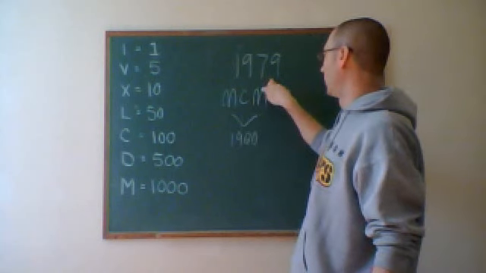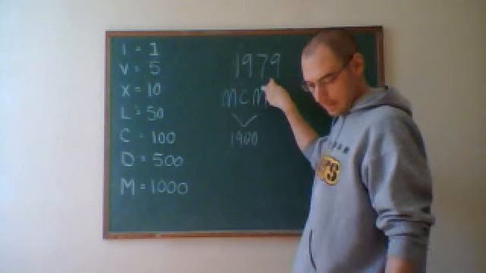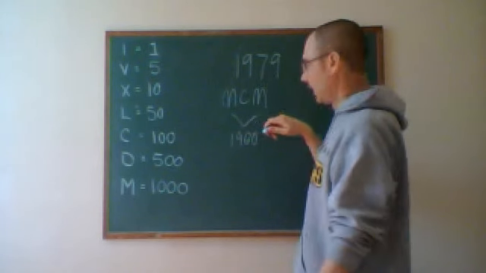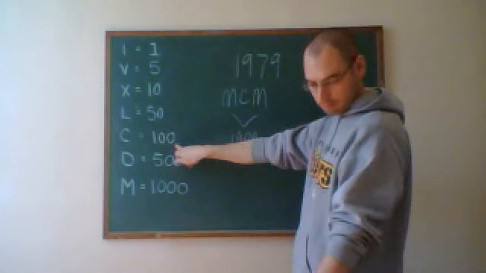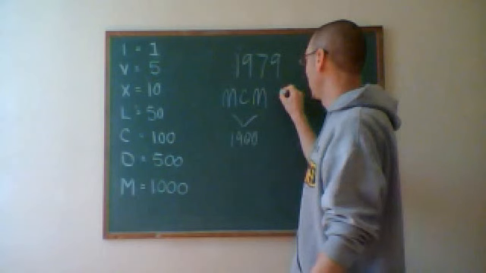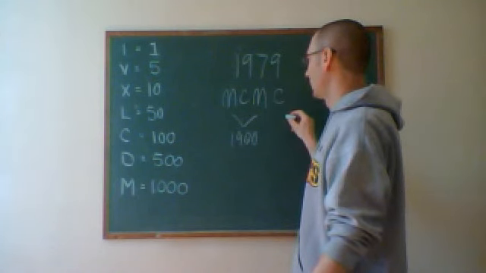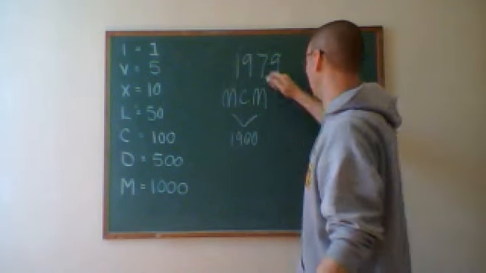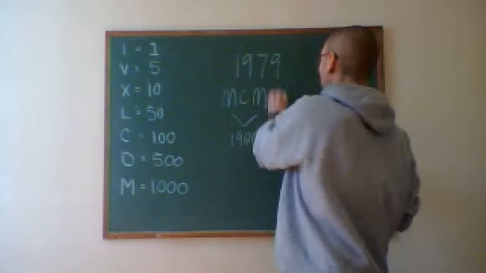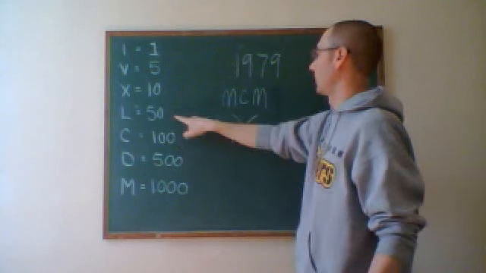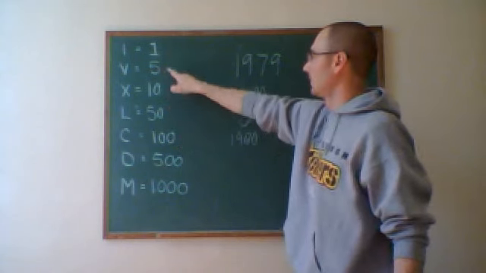Now we need to come up with 79. So in order to do this, we can start with a C. Wait a minute, this is not working. I'm sorry. An L. We'll start with an L. We don't want to subtract anymore. We can just add up from 50, 60, 75, and 4.